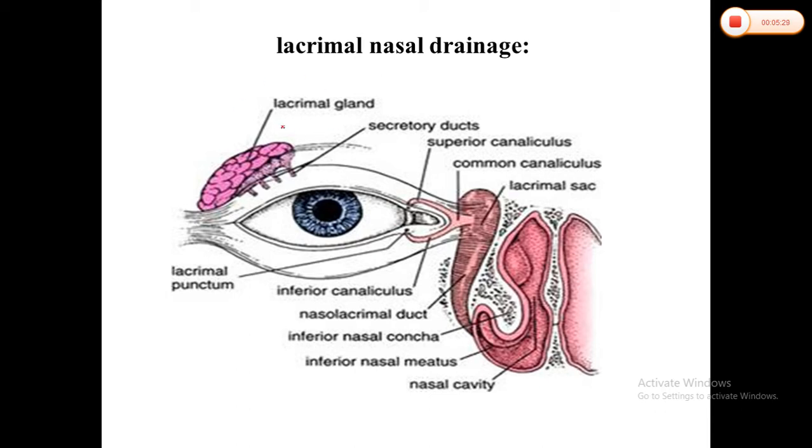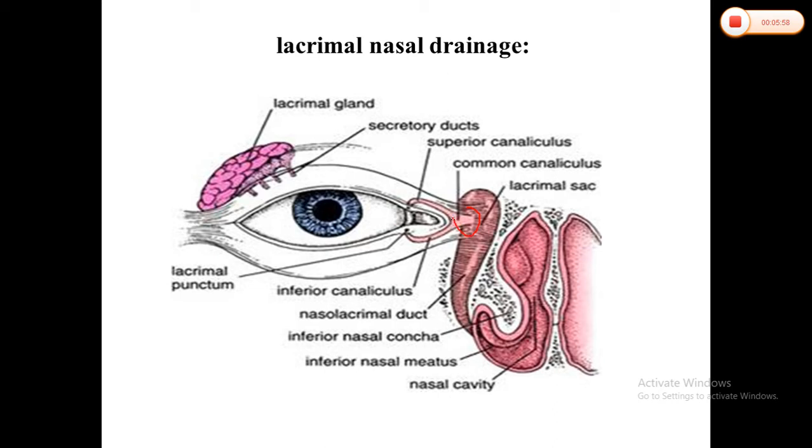This particular lacrimal canaliculus is surrounded by the fibers of the orbicularis oculi muscle. During the blink, when the eyes close, the canaliculi are pulled medially, shortened and compressed by the pars lacrimalis, which also helps with the dilation of the lacrimal sac.